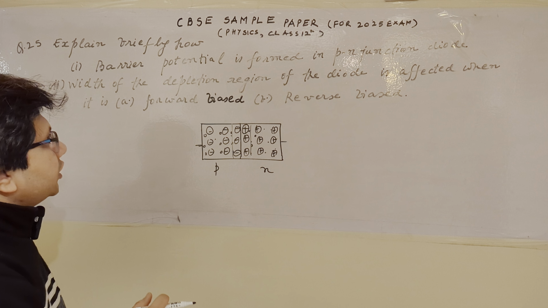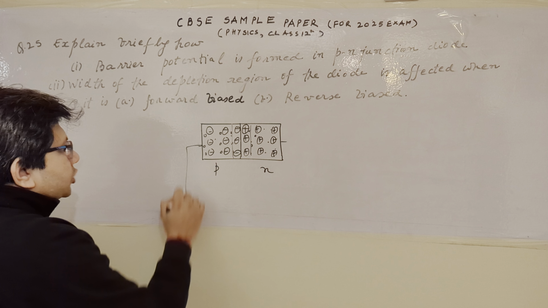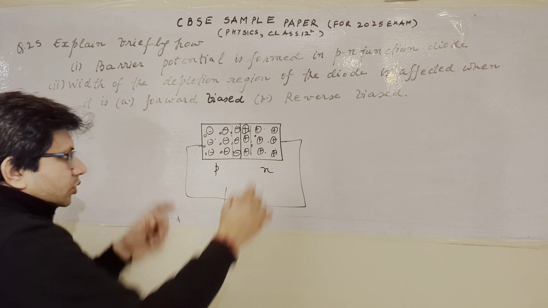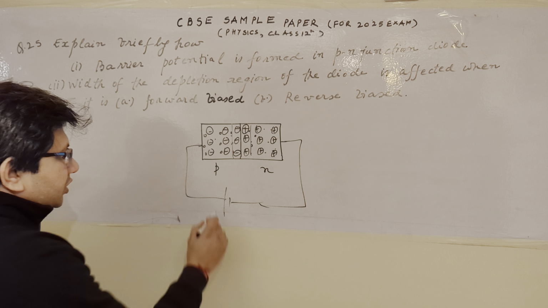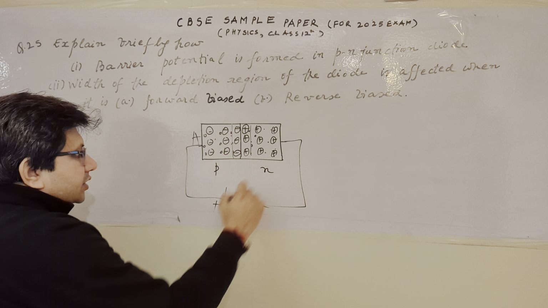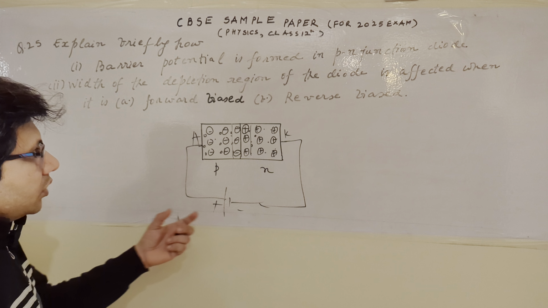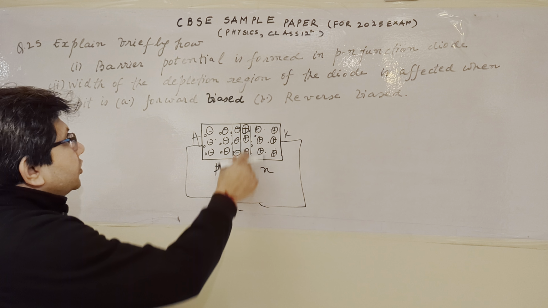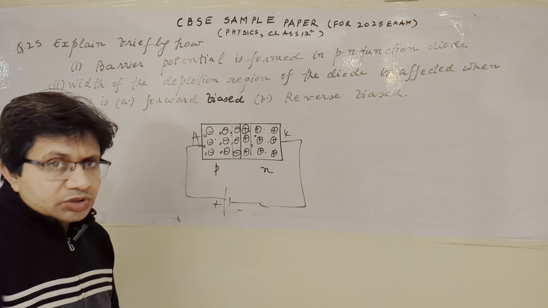Now the second part, about the width of the depletion layer. In case one, when this particular diode is applied with a forward bias. Forward bias means the battery positive is connected with the anode side and the battery negative is connected with the cathode side. Then in this case, the depletion layer becomes thin. So we can say that the width of the depletion layer reduces.